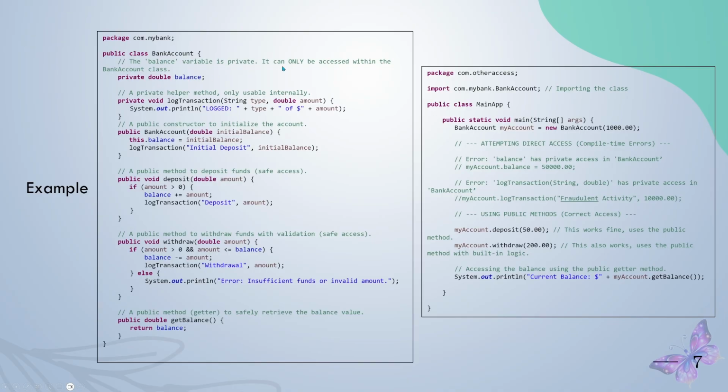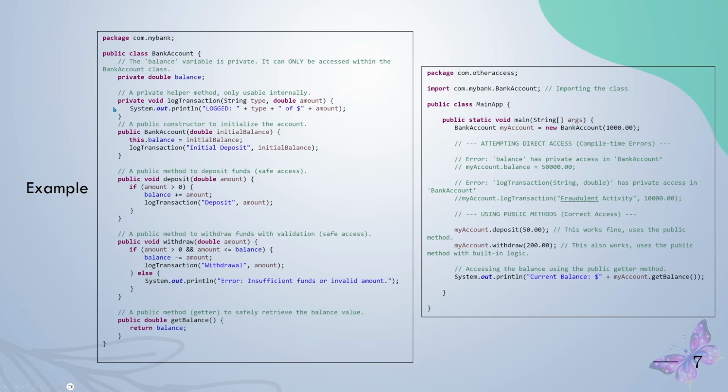This is a private variable, so it can be accessed within this BankAccount class. But what if we want to access this from another class? Because it is private, we can't access it directly.